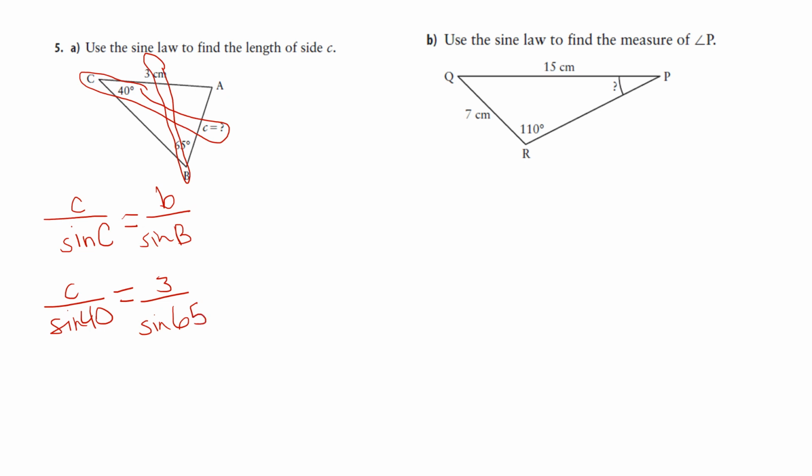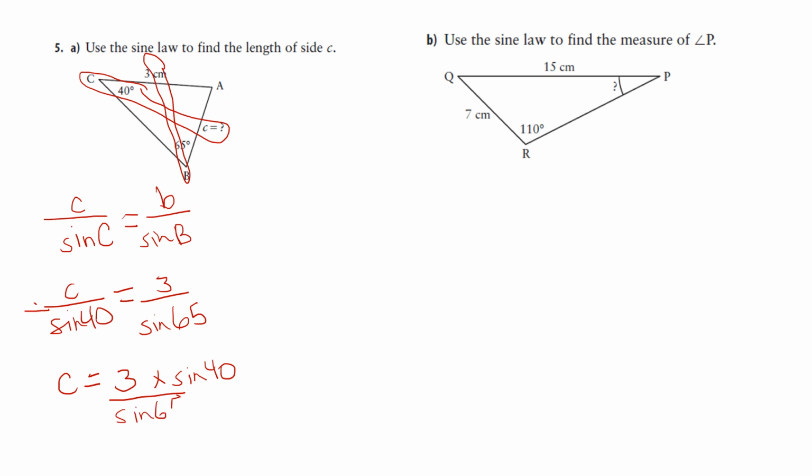And then when I'm calculating this, I want to do the opposite of what's happening to c. This fraction line means c divided by sine 40. So I'm going to do the opposite of that on the other side of the equation. I'm going to go 3 times sine 40, and then I'm just going to leave my sine 65 on the bottom.